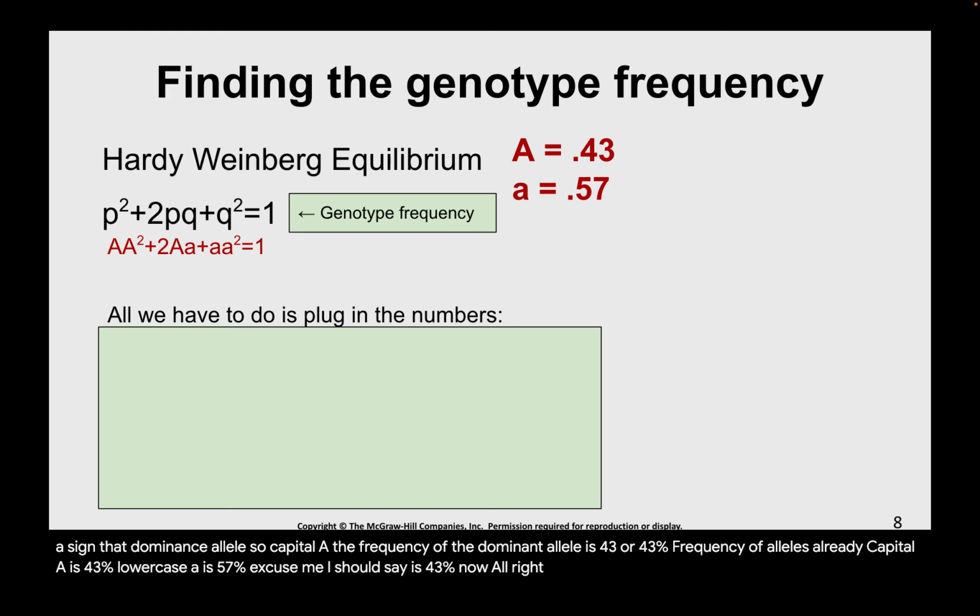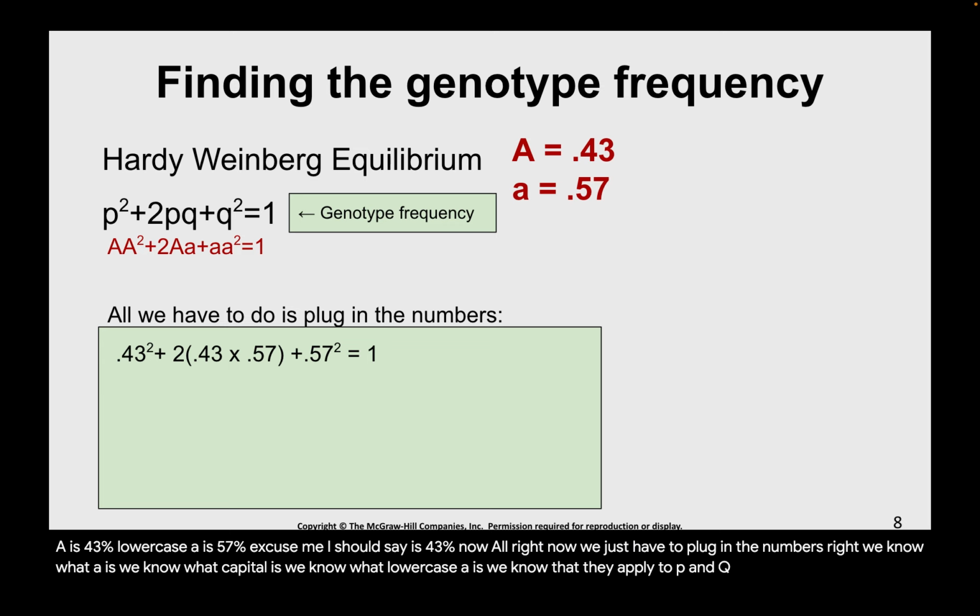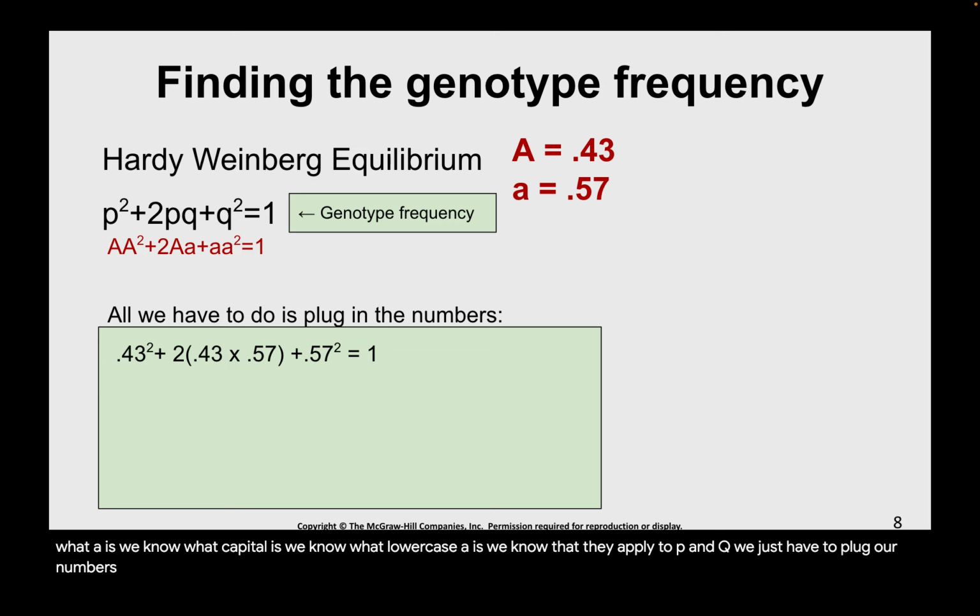Now we just have to plug in the numbers. We know what capital A is, we know what lowercase a is, and we know that they apply to P and Q. We just plug our numbers into our genotypic frequency equation: 0.43 squared for homozygous dominant, plus 2 times 0.43 times 0.57, one of each of our alleles, plus 0.57 squared.